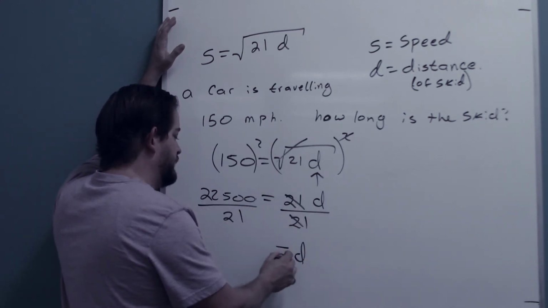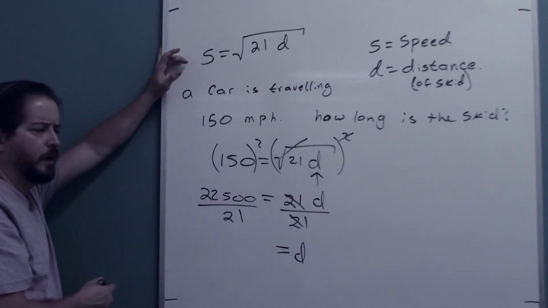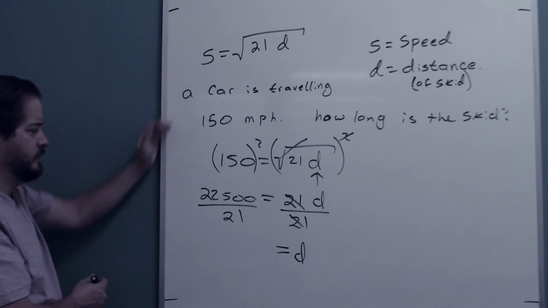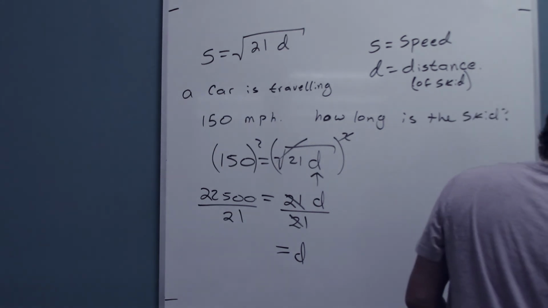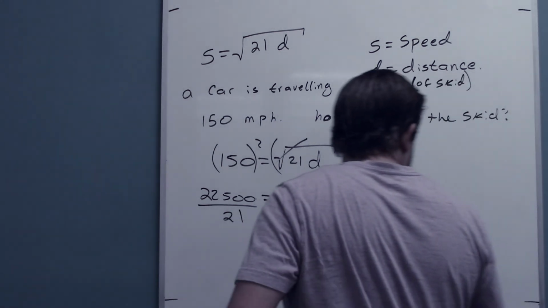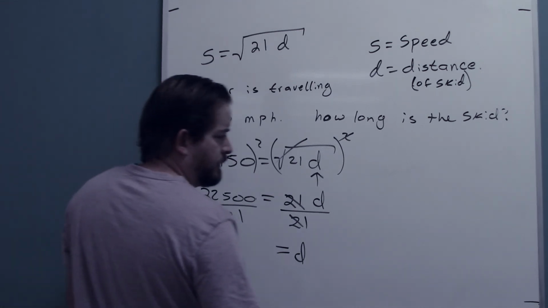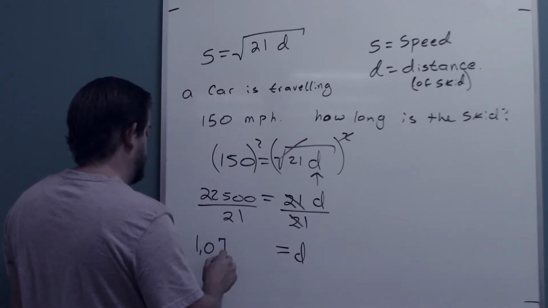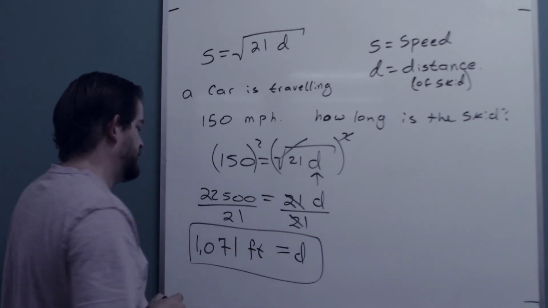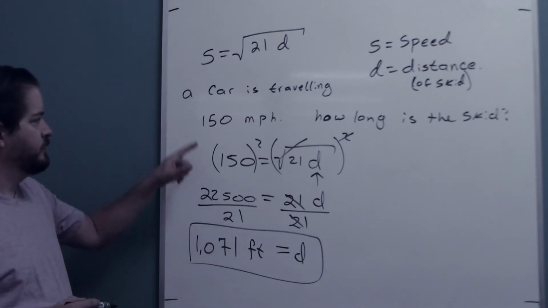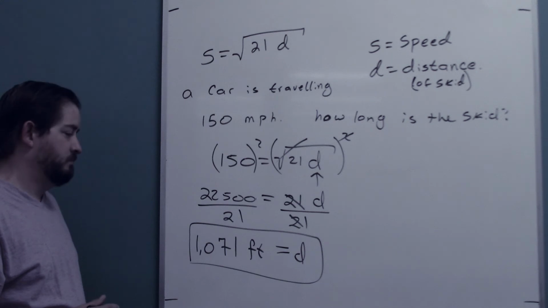And then d is this 22,500 divided by 21. We would round this. We're not particularly interested in trying to simplify that to an exact answer. So I would take that divided by 21 gives me about 1,071 feet, which is one hell of a skid if you start skidding at 150 miles an hour, right? But makes sense.